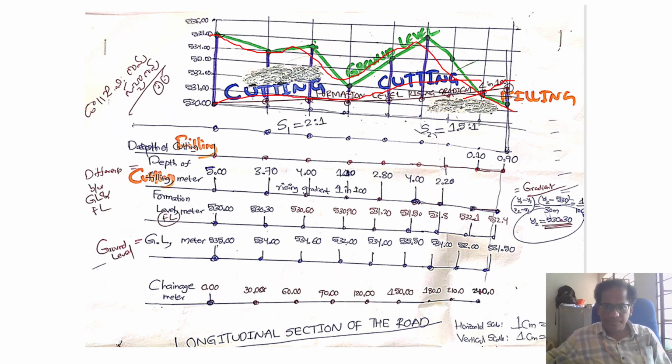Cutting is there up to almost close to chainage 210, not exactly 210, and the filling portion is there after, close to 210. We arrive at this height by deducting RL of formation level minus RL of ground level. If you get a negative value, then it is called cutting. If you get a positive value, then it is called filling.